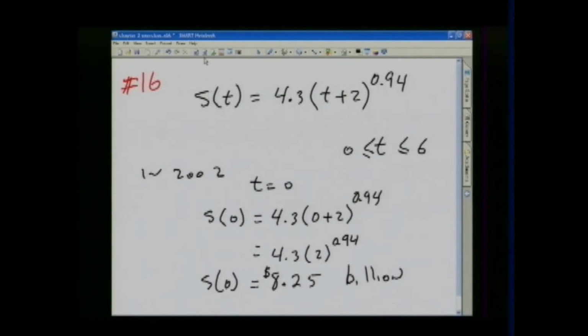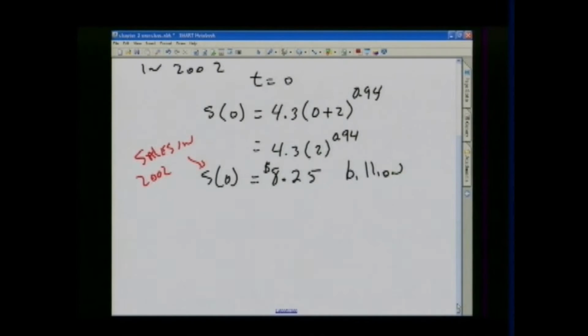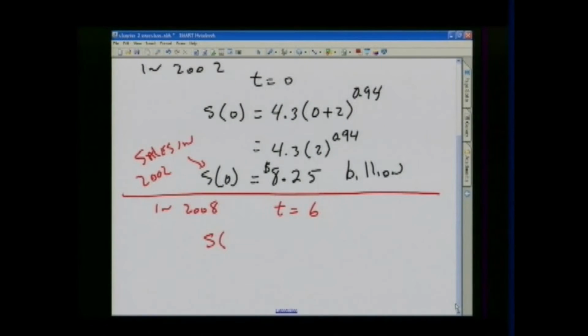S of 0 is sales in 2002. In 2008, that is 6 years later, t would be equal to 6. So in the same function, I find S of 6, which is equal to 4.3 times 6 plus 2 to the 0.94.